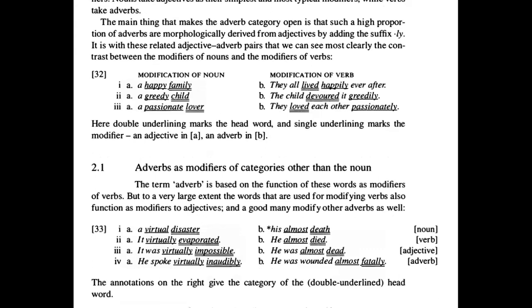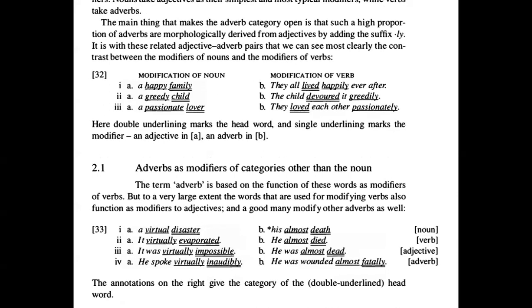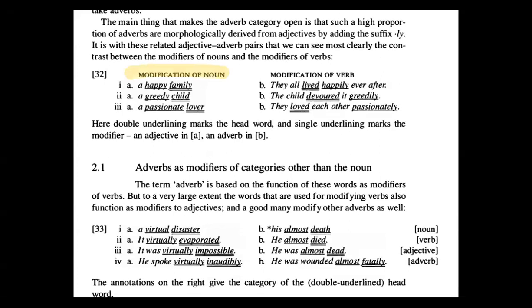so here they are talking about modifying nouns and modifying verbs. Okay, here they are giving us examples, the modification of nouns and the modification of verbs. They are going to tell us about when adverbs modify nouns and when adverbs modify verbs.